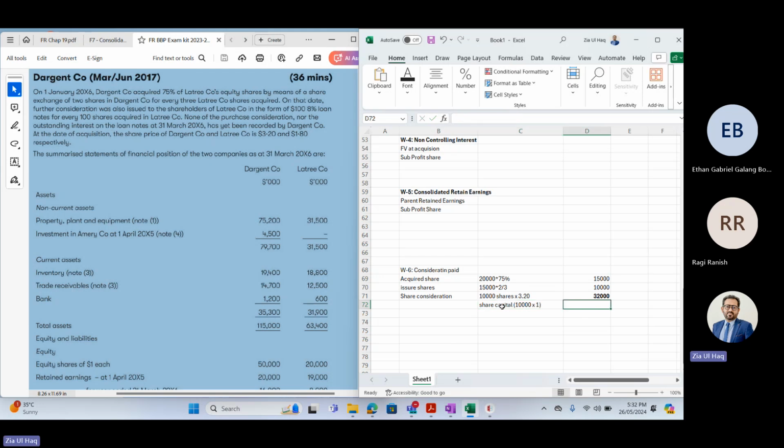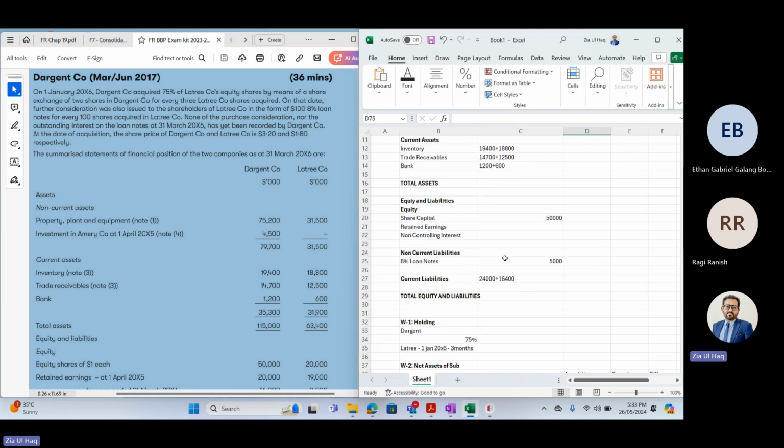So share capital is 10,000. What is share premium? That is 10,000 shares you have issued, multiply by remaining 2.20. So share premium is 22,000. This means in consolidated financial statement, there should be a share premium account as well.